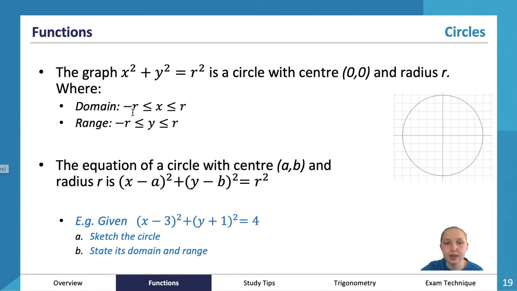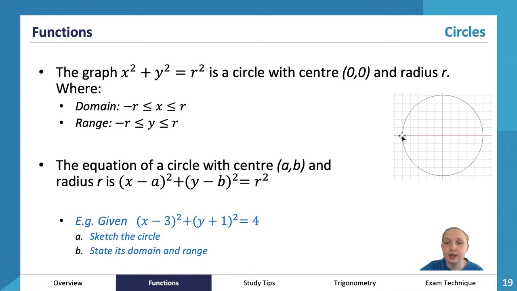So in general, for this basic function, the domain is between r and negative r, and the range is between r and negative r. Essentially the reason for that is because your radius spans the widest point on your x-axis on both sides.